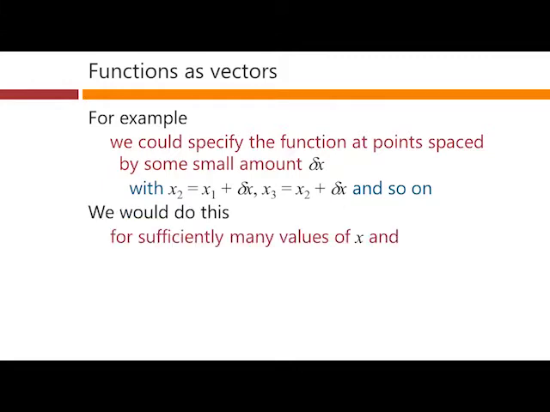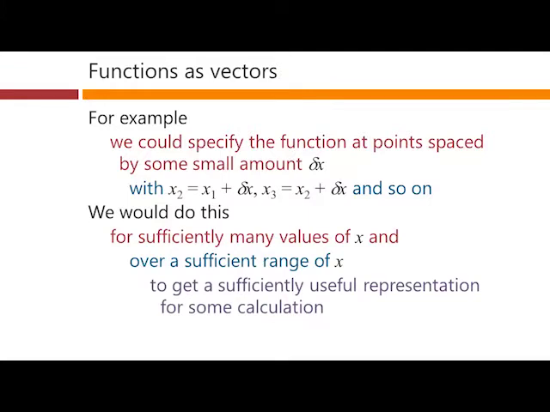We would do this for sufficiently many values of x and over a sufficient range of x to get a sufficiently useful representation for some calculation we would do. This is typically what we actually do anyway when we do some calculation on the computer of some function or integral or something like that. And we could use this approach to calculate something like an integral.